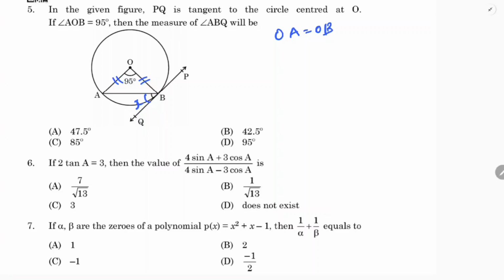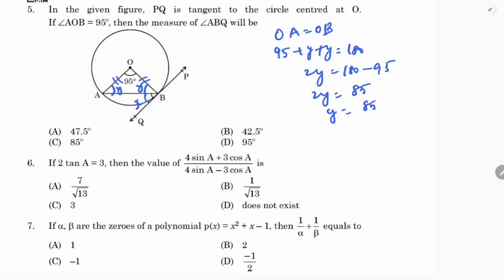So angles opposite to equal sides are equal. So these two angles I'll consider as y. So 95 plus 2y is 180 degrees. 2y is 180 minus 95. 2y is 85 degrees.